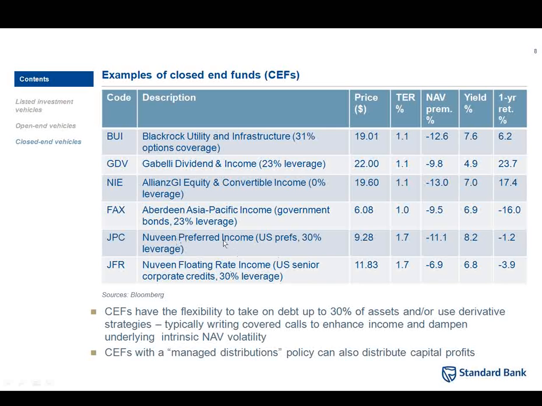And then we've got an example of one that's invested in preference shares, so that gives you a good yield, although the return hasn't been so hot over the last year. And then an example also from the same sponsor, Nuveen, of floating rate income. They invest in underlying senior corporate credits, with 30% leverage.